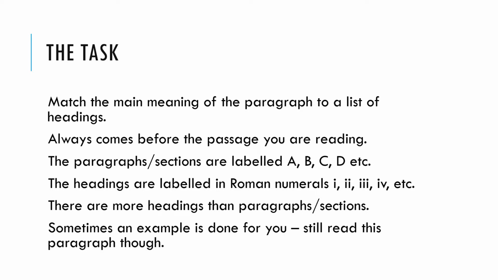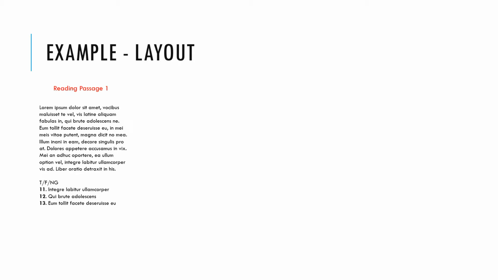Sometimes an example is done for you, but you still need to read through this paragraph. Having an understanding of the layout of the test is highly beneficial when we're answering list of headings questions. So we can see that we've got the end of reading passage 1 and the last 3 questions, which are true, false, not given questions. We've finished this reading passage.